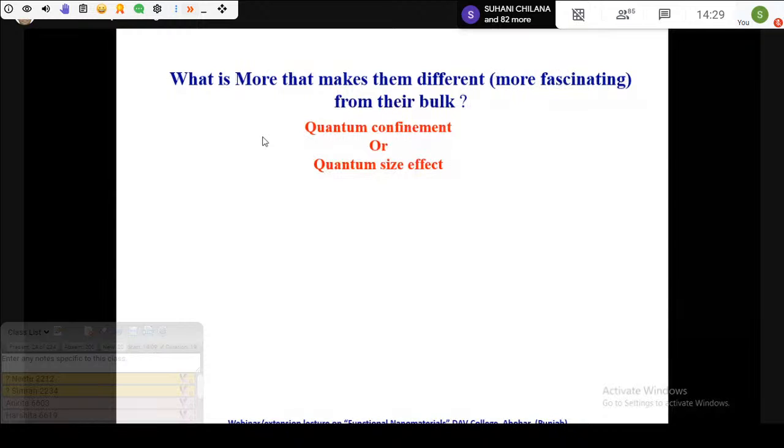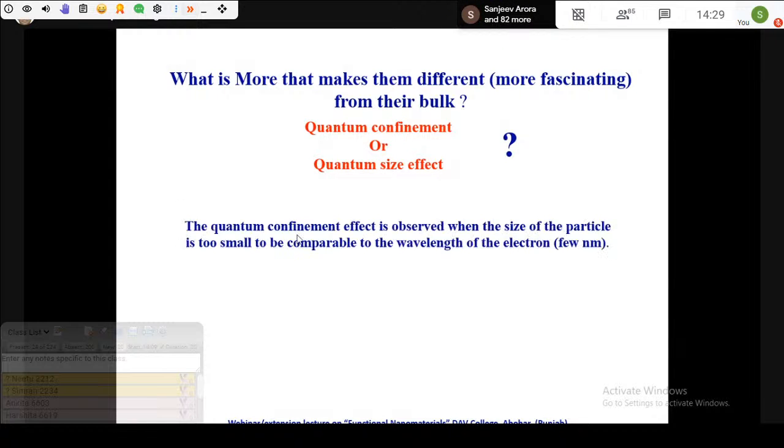In your quantum chemistry and quantum physics, you have all read about quantum confinement. So how do we deal with this quantum confinement when we do research? Generally, the quantum confinement effect is observed when the size of the particle is very small and comparable to the wavelength of the electron, or simply, a few nanometers.